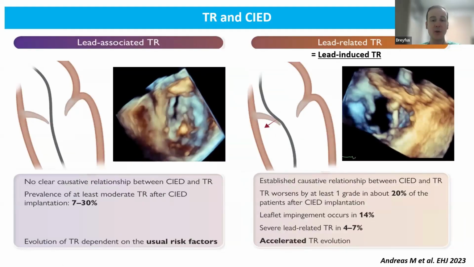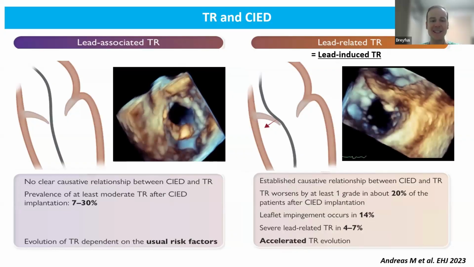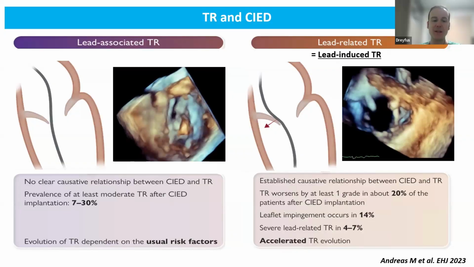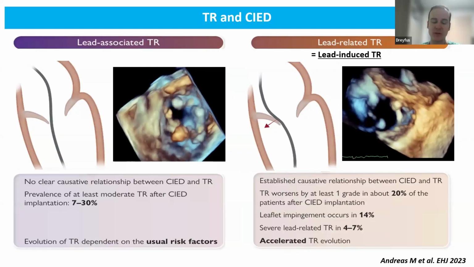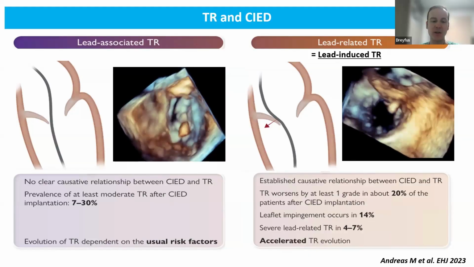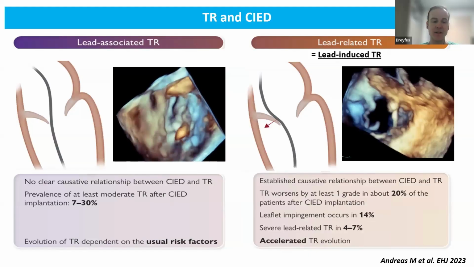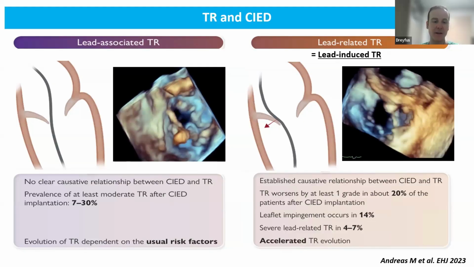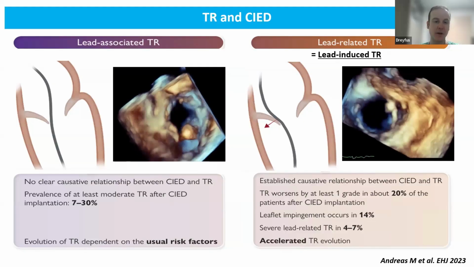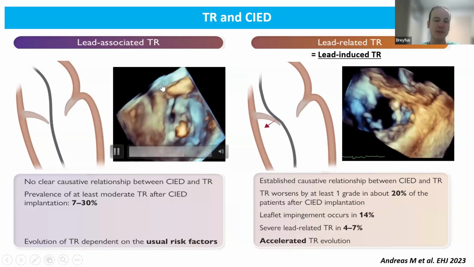And then if we now focus on CIED, we have many patients with pacemaker. Approximately one third of patients who are currently treated with transcatheter devices have a pacemaker or defibrillator. And there are two possibilities.